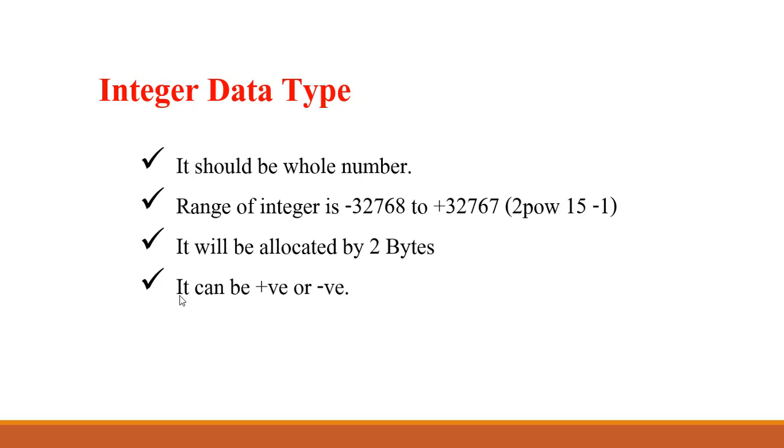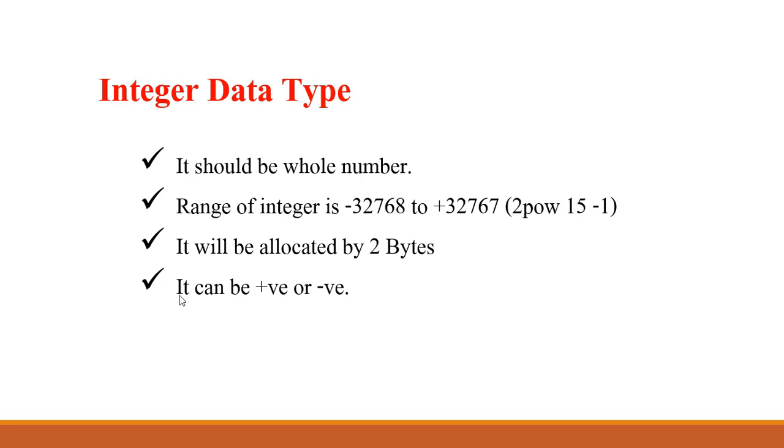This integer data type occupies 2 bytes of memory. We just discussed that 2 bytes means 16 bits: 1 byte is 8 bits, 2 bytes is 16 bits. The memory index starts from 0 to 15, because the total number of bits is 16. 2 to the power of 15 is 32,768.